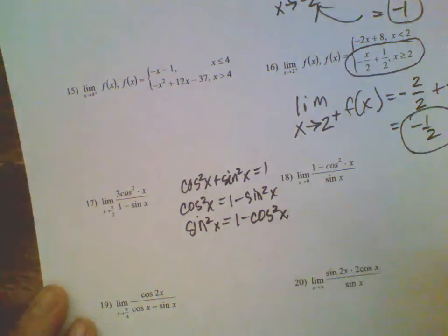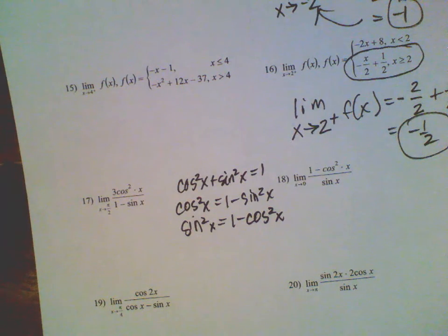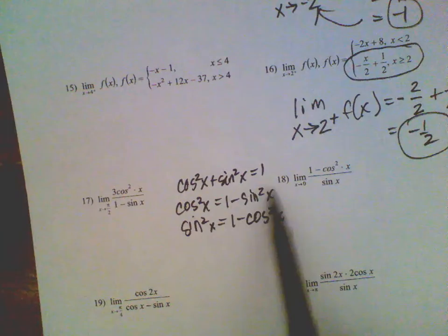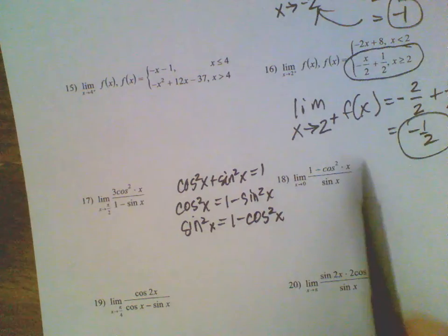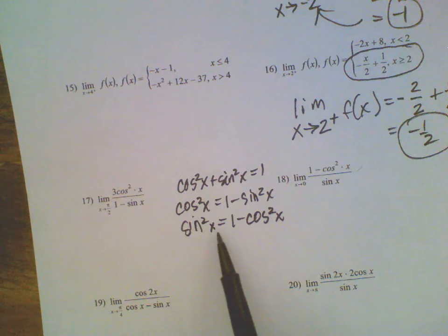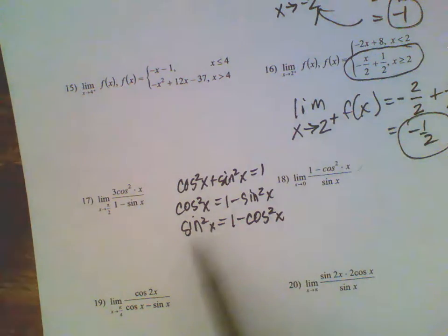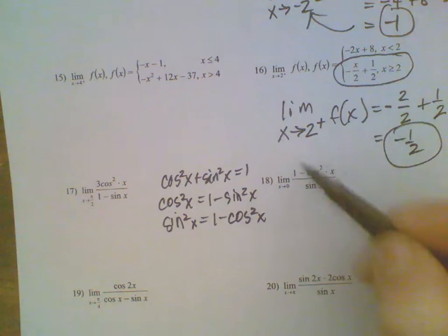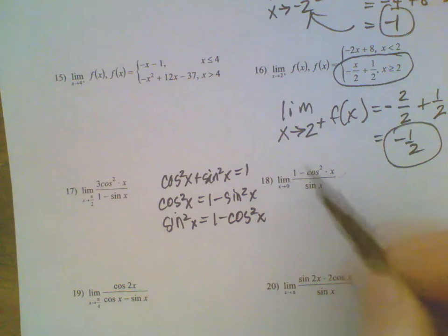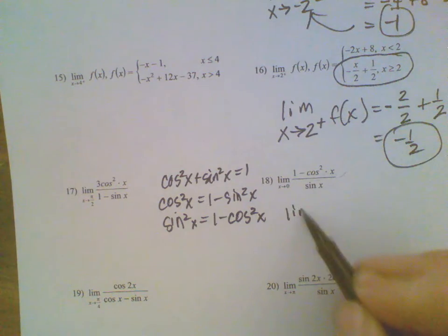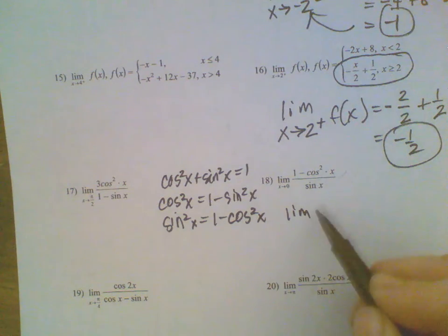And so I just want to look for one that I can use. Well, I could replace cosine squared with 1 minus sine squared right here, or I could replace the whole 1 minus cosine squared with sine squared. Either way, those are two options that I have. I'm going to go ahead and replace the 1 minus cosine squared with sine squared.